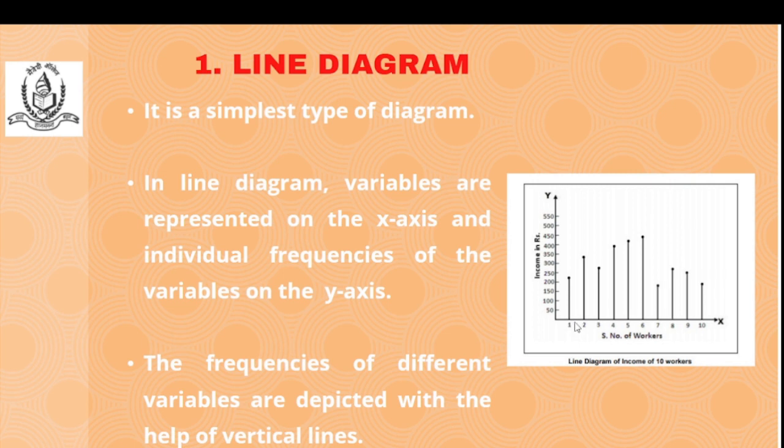So for every worker, the income in rupees is represented by a straight vertical line. And from this fact only, this type of diagram is called the line diagram, because straight vertical lines are used here to depict the frequency or the number of observations that are there for each category of data.